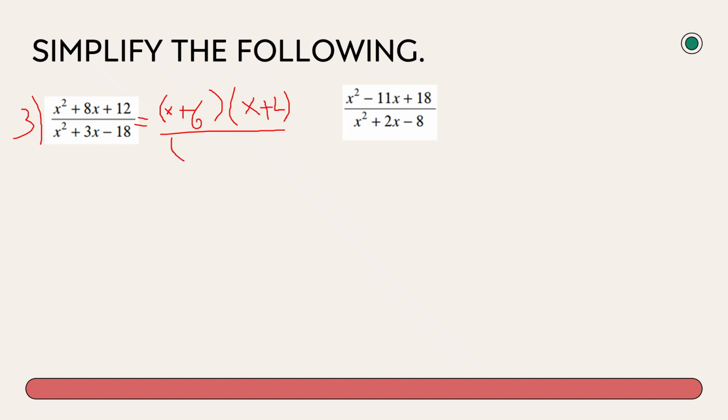Now for our denominator, we can use x plus 3 and x plus 6. Okay, because our 3 here is positive, and another x minus 6. Oh, sorry, it's 6 minus 3. That's 3.